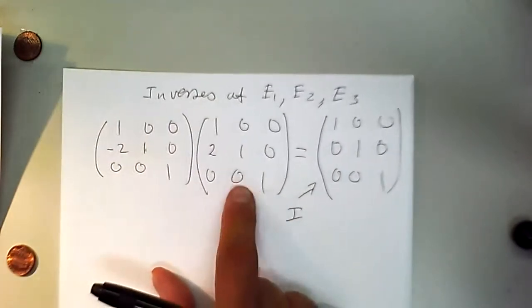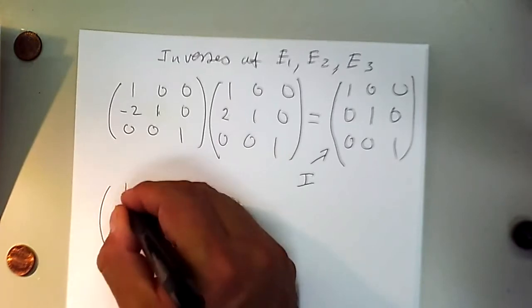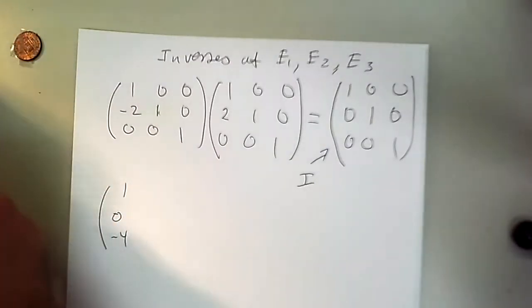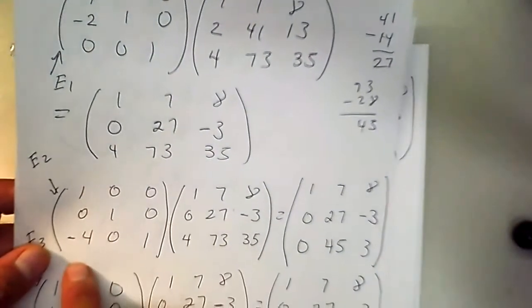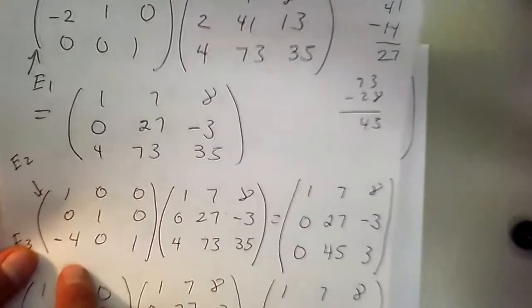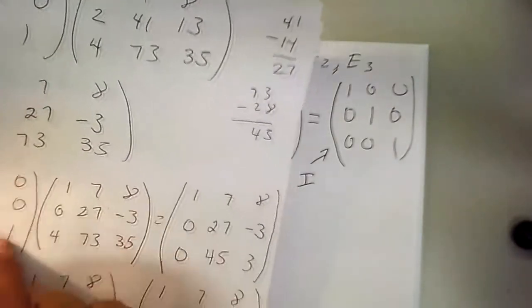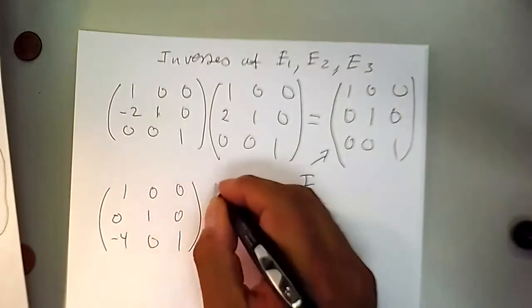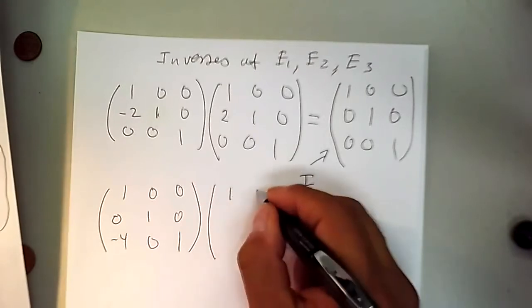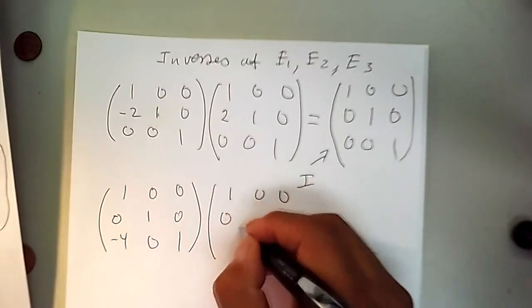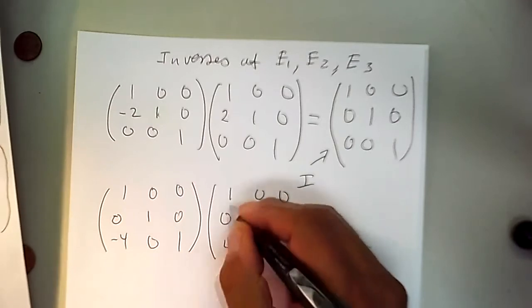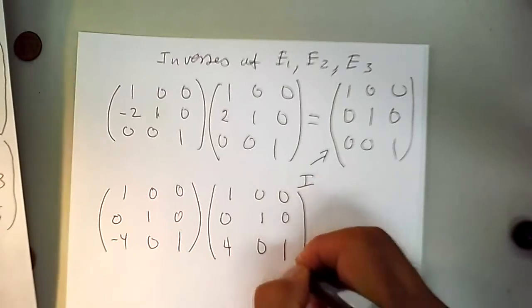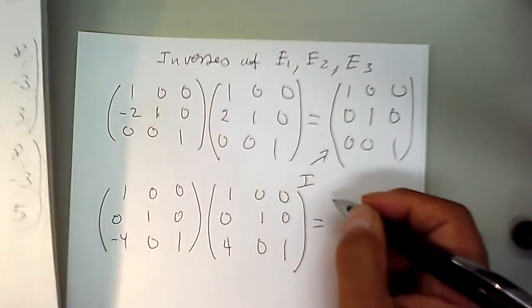Okay, let's put that on the back burner. Let's quickly check. Remember our E2. The columns are 1, 0, negative 4, and then we have the other columns of the regular identity. So what do you think the inverse should be? Well, if you're guessing 1, 0, 4 for the first column, I think you're going to be correct, but let's double check.